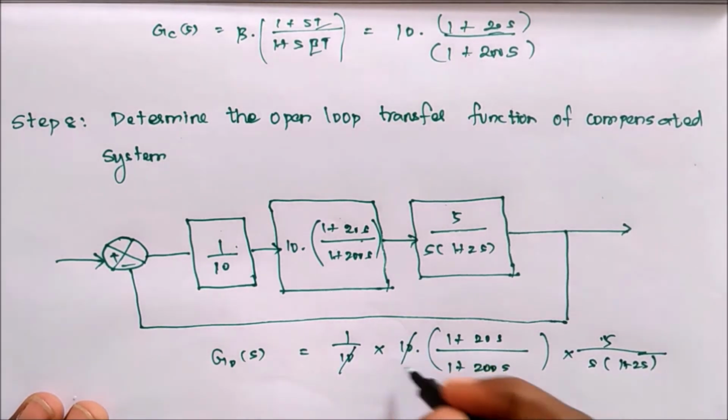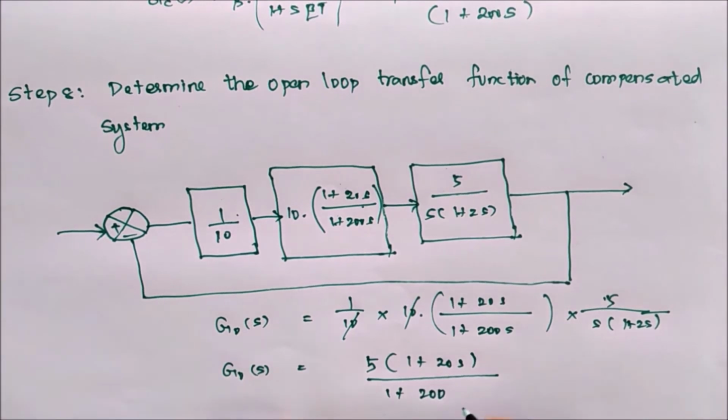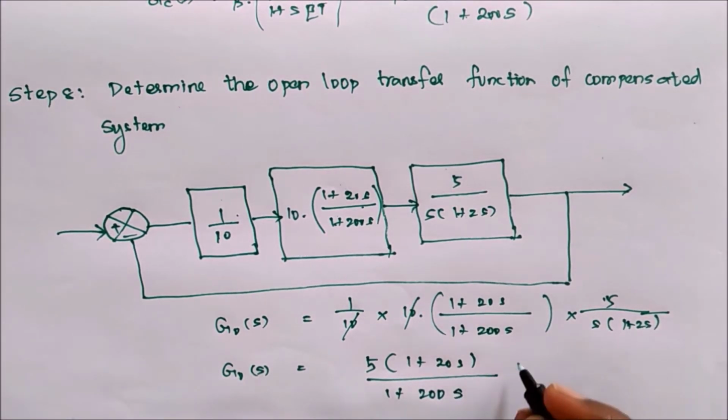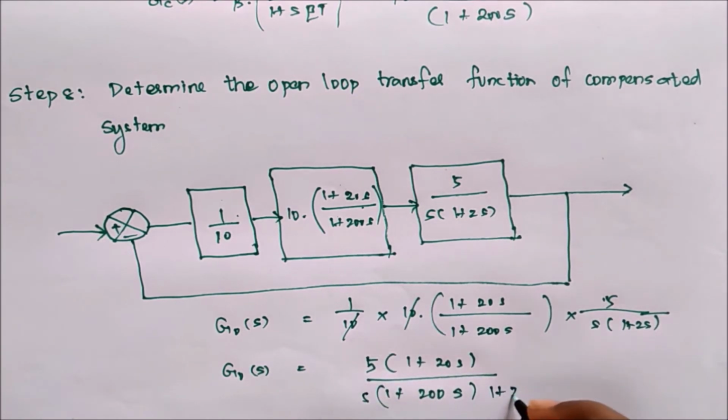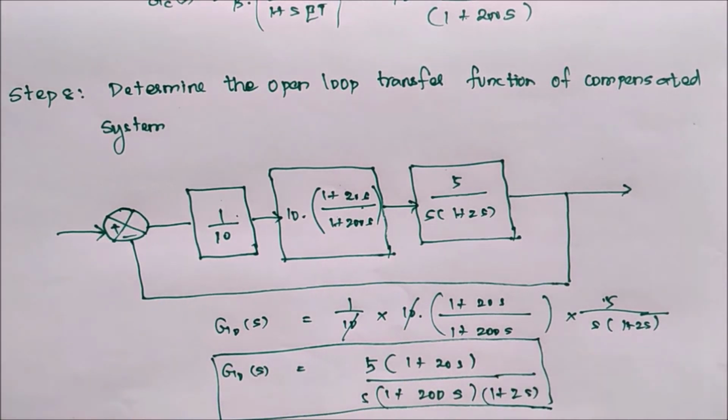These two 10s cancel. So G0 of s equals 5 into 1 plus 20s divided by s into 1 plus 200s into 1 plus 2s. This is the open loop transfer function of the lag compensated system.